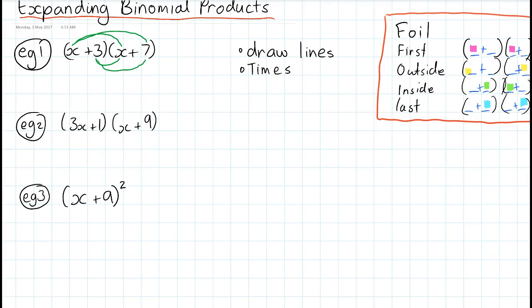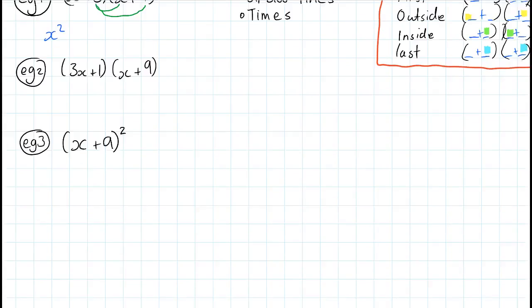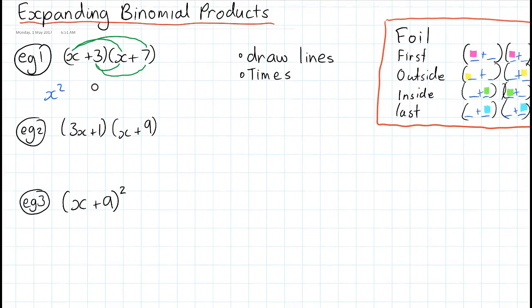So we start off with the x times x, the first number times the first number, that first line. And then x times 7 plus 7x. Then plus 3x. And then 3 times 7, 21.